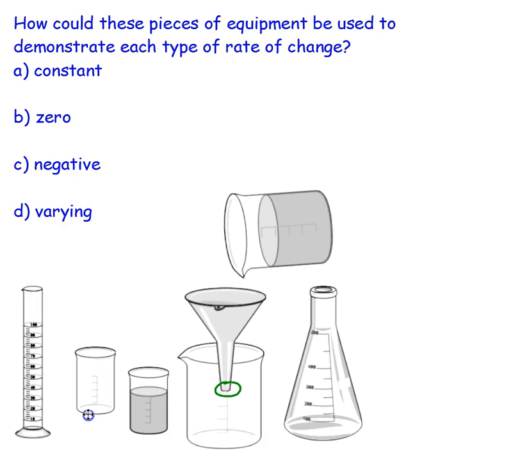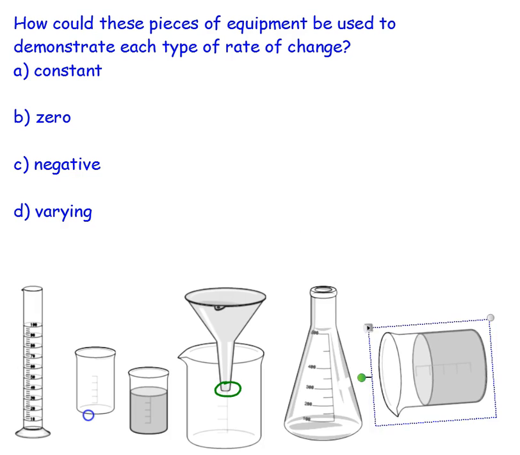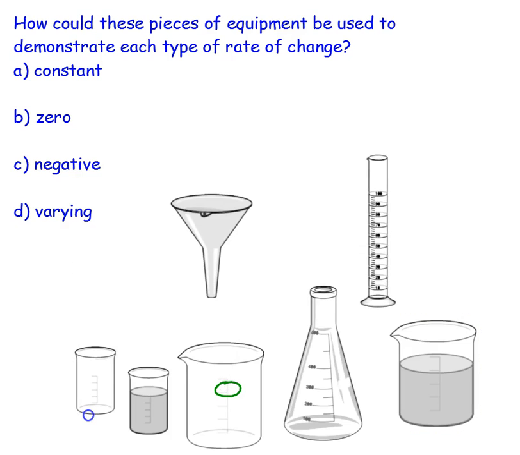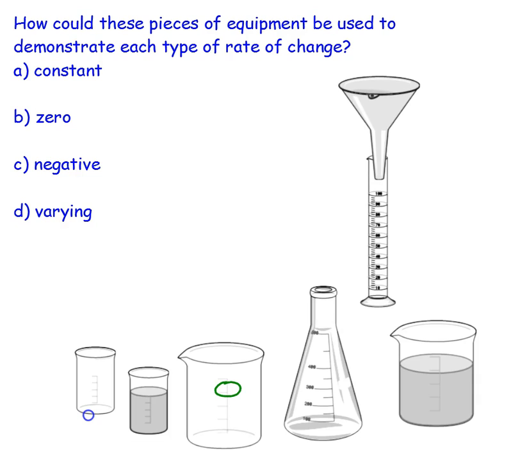Negative rate of change. All right, well, filling something obviously increases the volume. So to get a negative rate of change, we could either empty something, or we could look at it a little differently. Maybe we take our funnel and we're looking at filling up the graduated cylinder. But this time, instead of looking at the volume that we've added, let's look at the volume that remains.